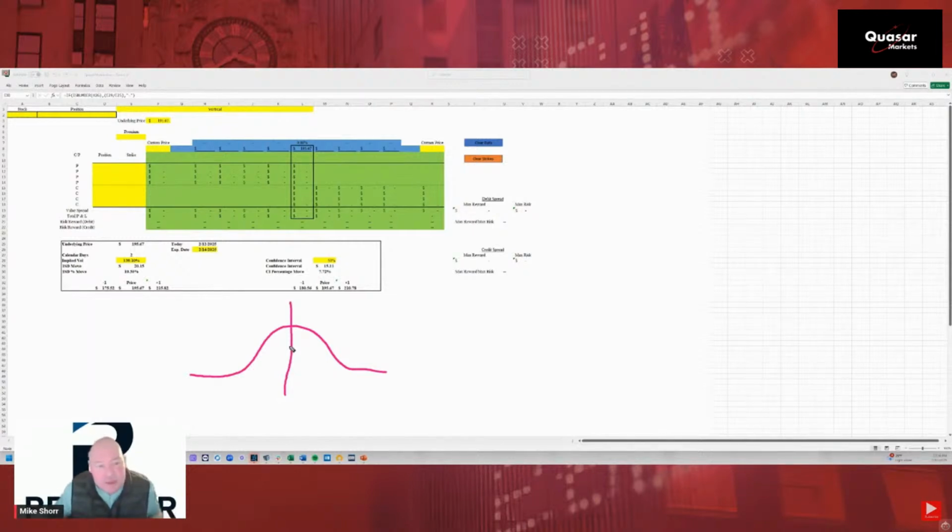But in general, implied volatility in stocks does go up as the market comes down, and vice versa to the upside. We go up slowly, so implied volatility isn't all that scary. We tend to go down quickly, and that's why there's a little bit of a freak out component to the downside. Does that make sense?